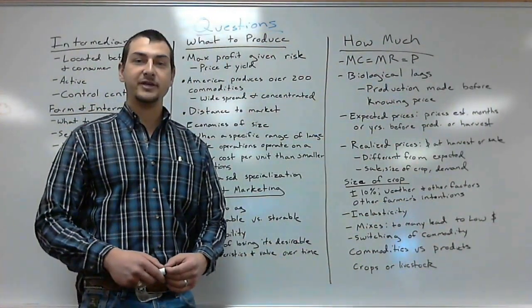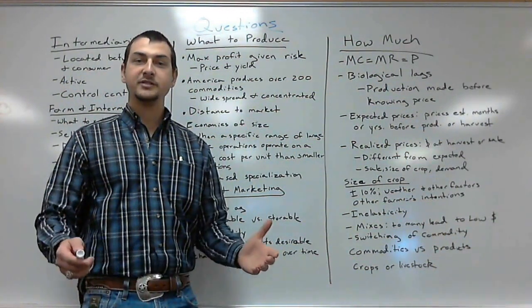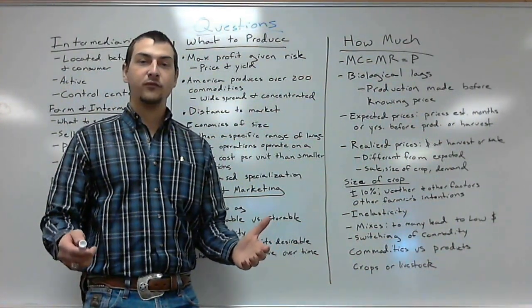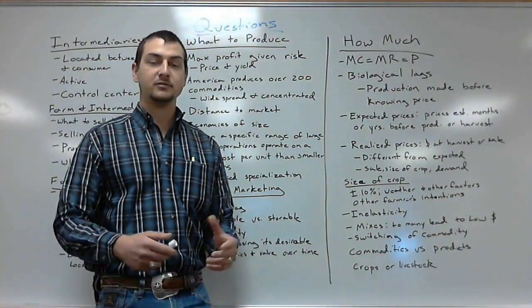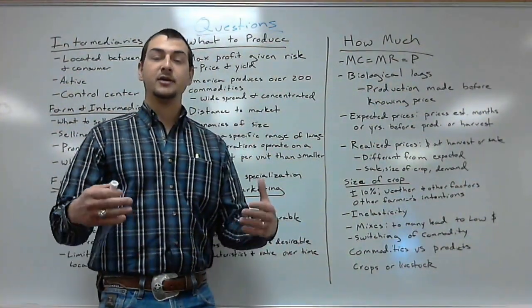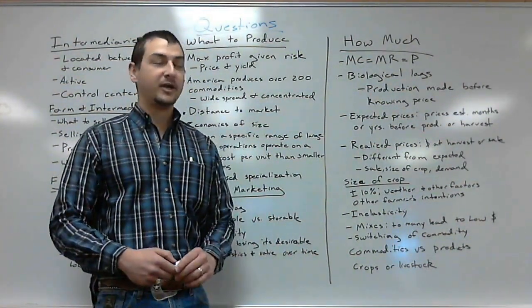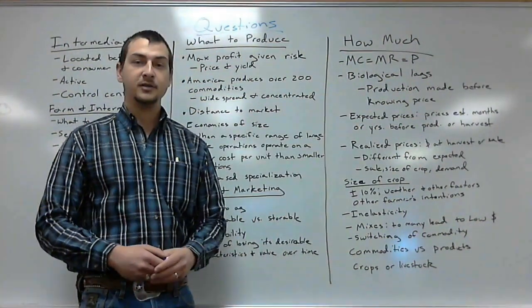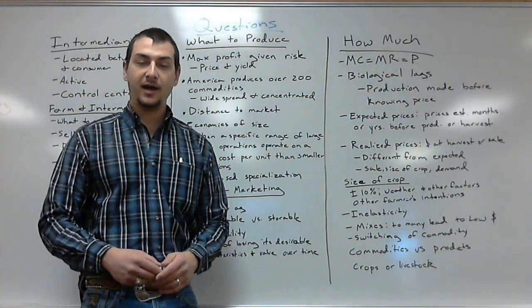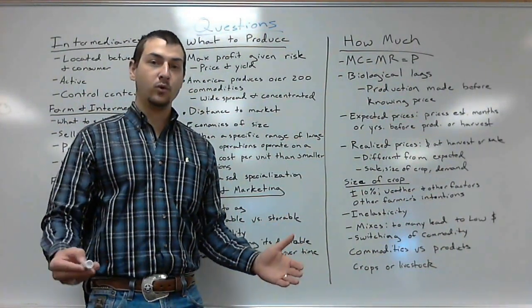Another thing that often plays into the size of crop is, what is the farmer's mentality? A farmer is going to look at the beginning of that harvest before they plant, and they're going to make this production decision based off of these expected prices. If the expected prices are very high, a farmer might plant a lot of corn.